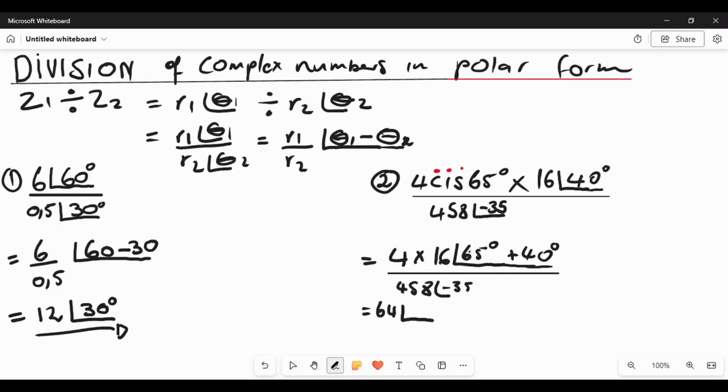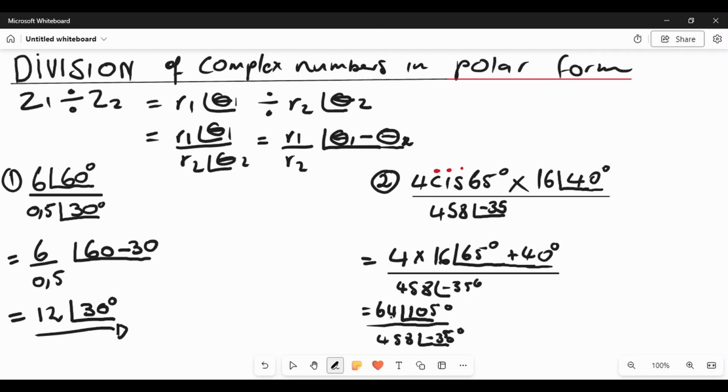Now, what about the angle? 65 plus 40 is going to give us 105 degrees. But we still have the denominator, which is 458 with angle negative 35 degrees.